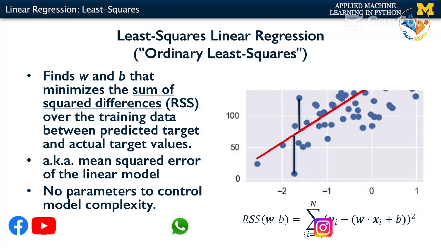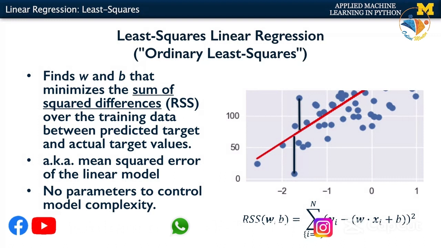This is illustrated graphically here, where I've zoomed in on the left lower portion of the simple regression data set. The red line represents the least squares solution for w and b through the training data, and the vertical lines represent the difference between the actual y value of a training point, xi, yi, and its predicted y value given xi, which lies on the red line where x equals xi.